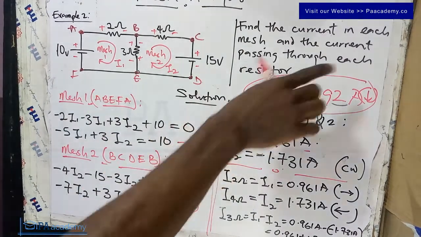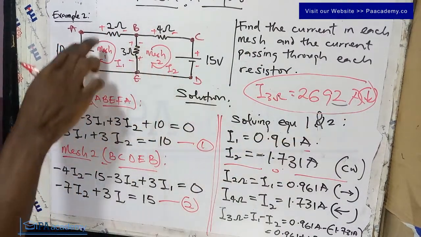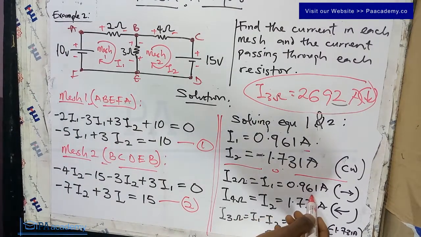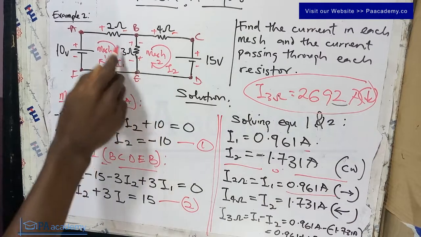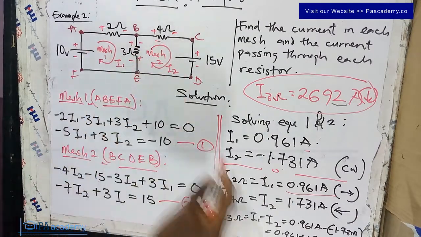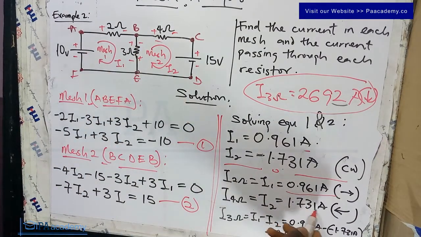So we've also gotten the current passing through each of these resistors. Through the 2 ohm resistor, we've gotten 0.961 amperes. Through the 4 ohm resistor, we've gotten 1.731 amperes, and these are the directions for the current passing through the 2 ohm and 4 ohm resistors.